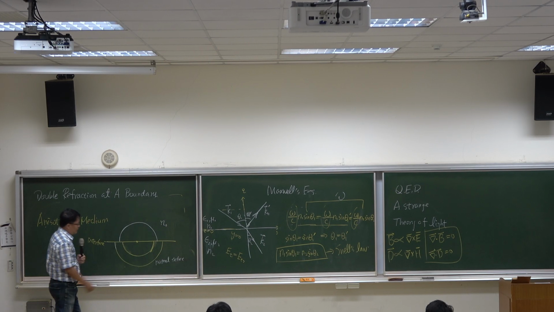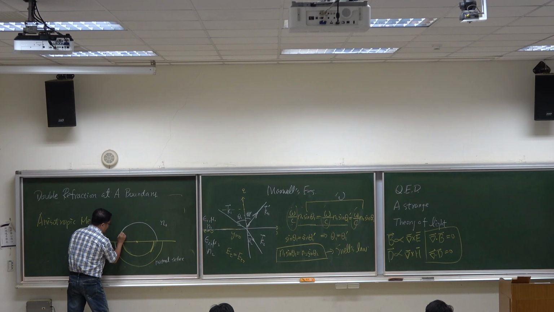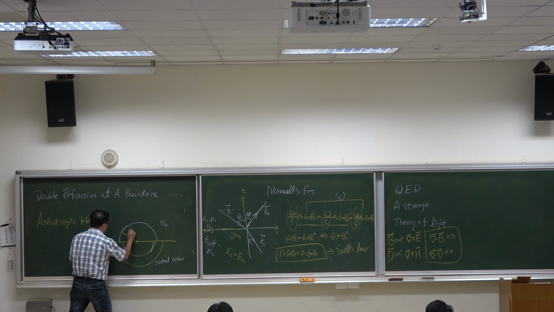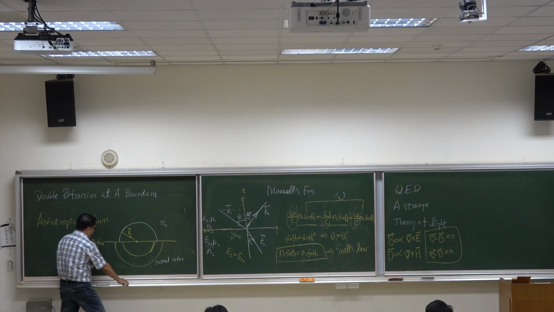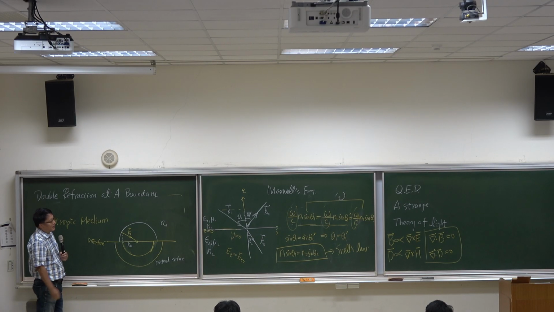We denote the refractive index as n0. Okay. Then suppose we consider an incident light having this K vector, K0. Then we calculate the projection, K0x. Okay?